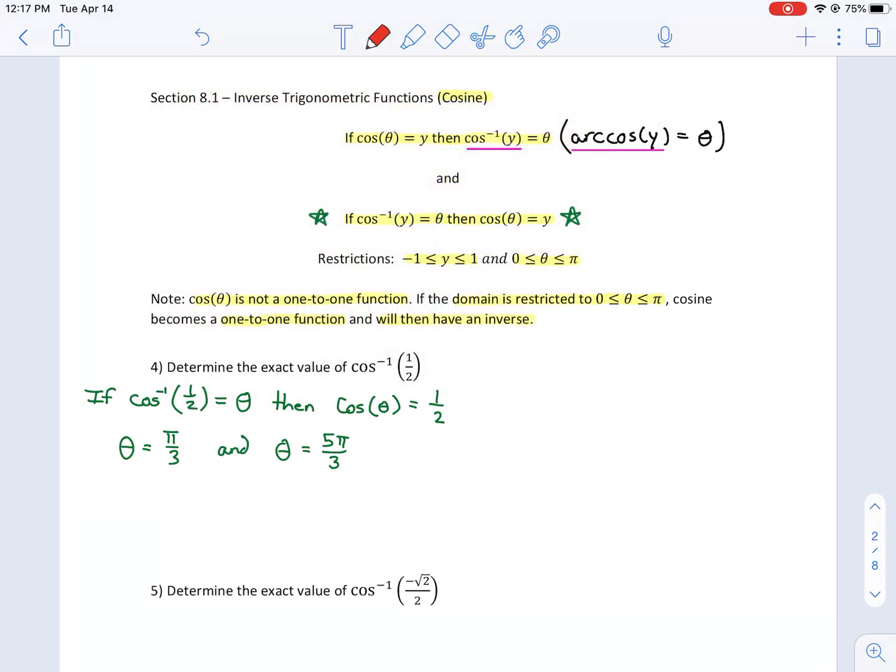However, only one of these angles lies in the interval 0 to pi, and that will be pi thirds. 5 pi thirds is too large.